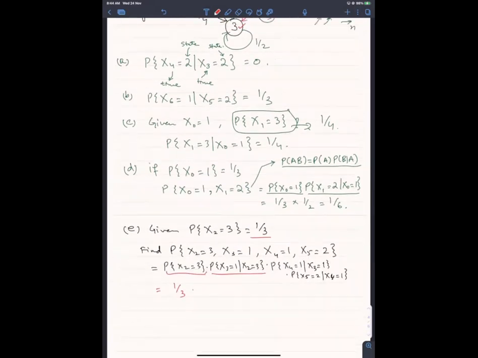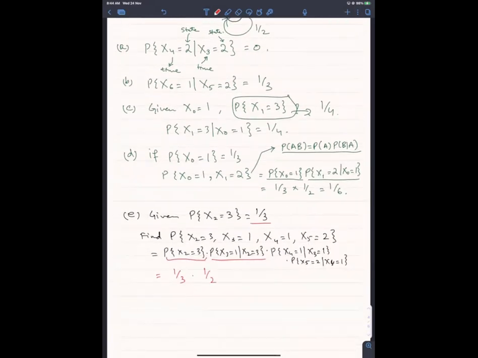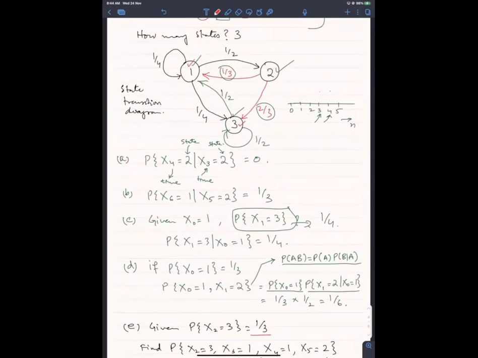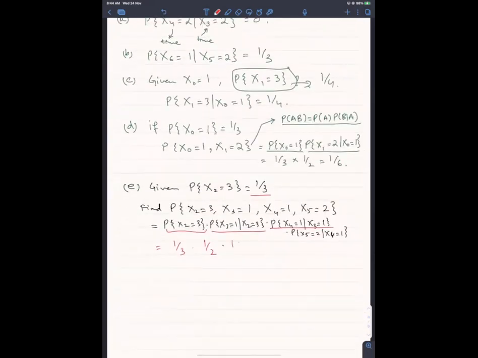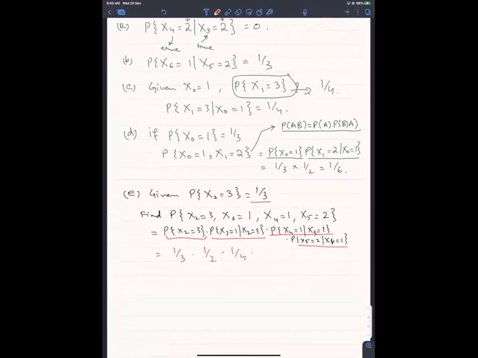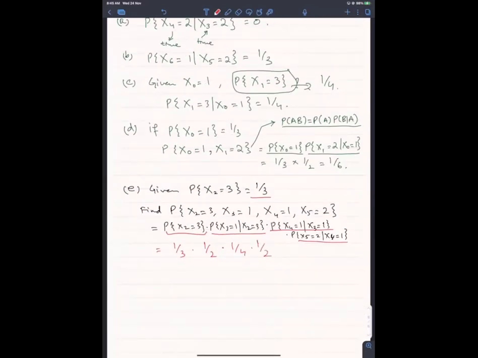This is the probability 1/2. And then x4 is equal to 1 given x3 is equal to 1. So this is the probability of staying in 1 from 1, equal to 1/4, into probability x5 is equal to 2 given x4 is equal to 1, which is also 1/2. So whatever answer comes out.